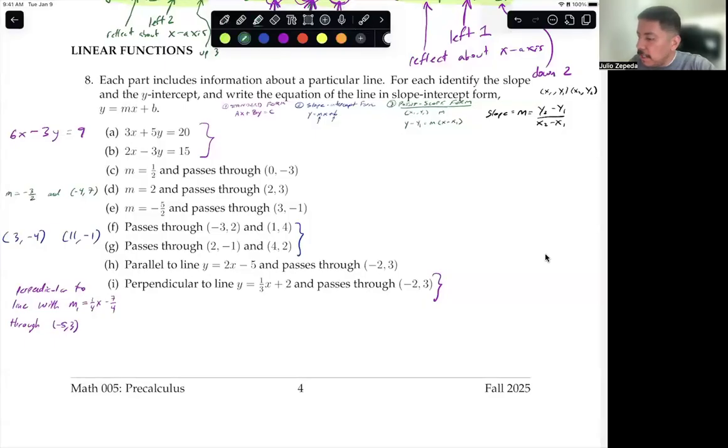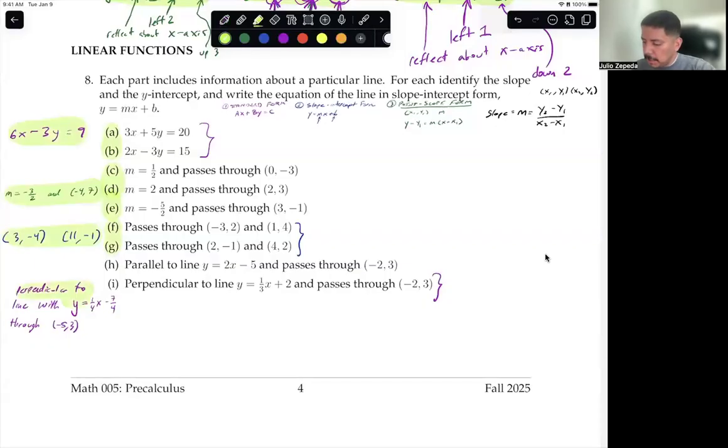For this video, I'll be doing these highlighted problems. They are very similar to A and B. Here we have a slope and a point, which are similar to C, D, and E. If you have 2 points, you can find the line that passes through them, similar to F and G. And finally, we're going to find the equation of a line perpendicular to the line with equation y equals 1/4 x minus 7/4 (I put an m1 here, but this should really say y equals) and through the given point -5 comma 3.